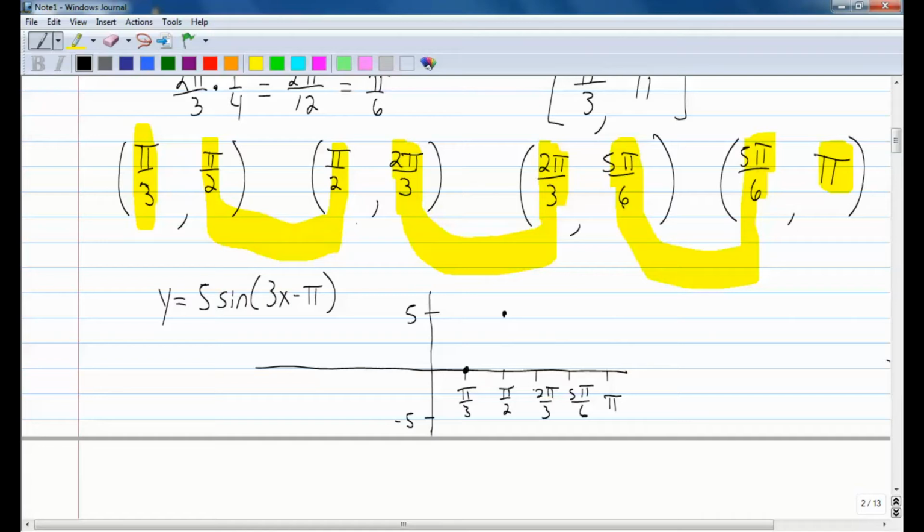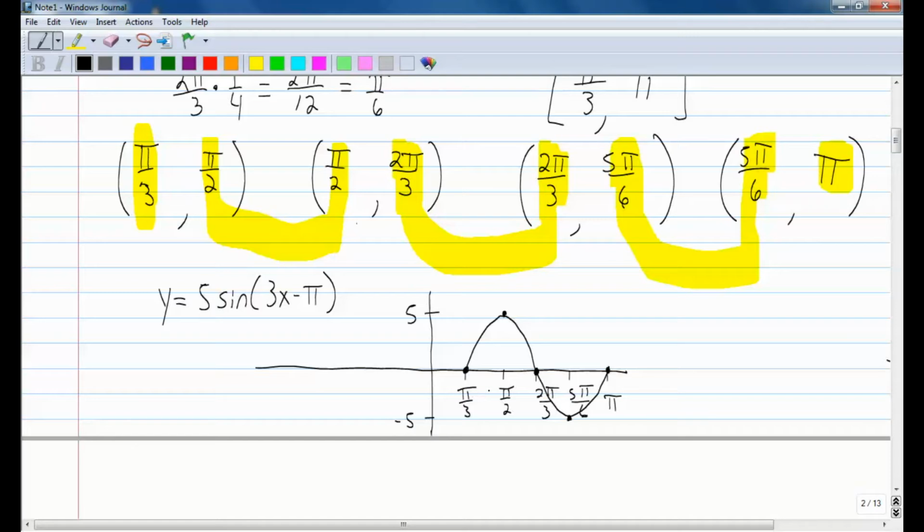The next significant point I cross the x-axis. The next significant point I have a low point. The last significant point I cross. Connect the dots with smooth curves, and you have your graph.